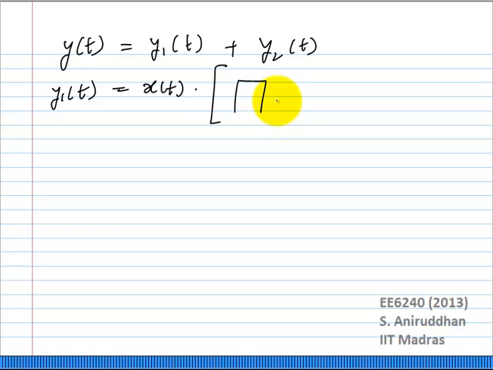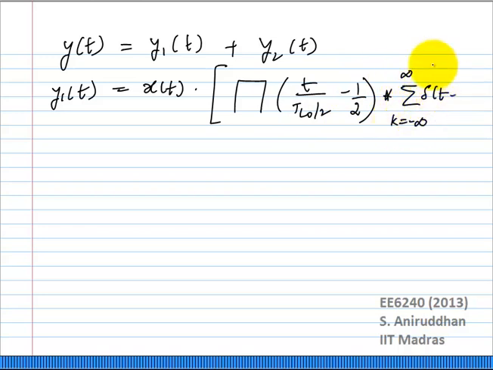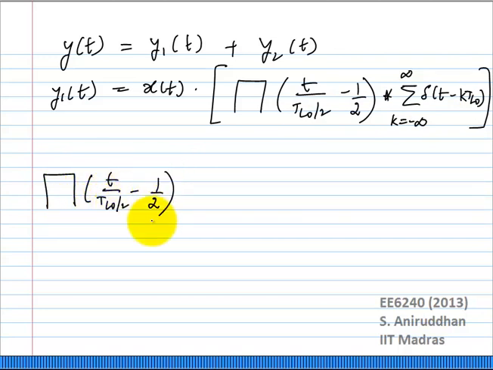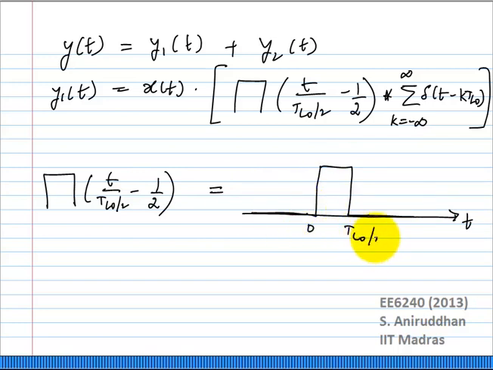So I'll represent this using the same notation as in the textbook. I'll use this kind of a pulse notation for the pulse from 0 to T LO by 2, convolved with an impulse train, where this pi kind of function represents this pulse from 0 to T LO by 2.